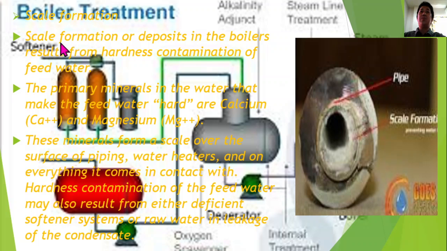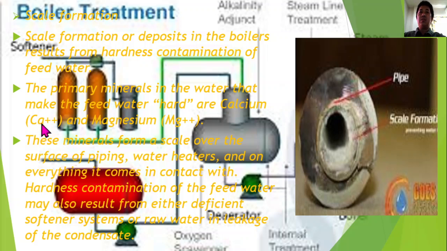Scale formation or deposits in the boilers result from hardness contamination of water. So the water is hard, which means there are a lot of impurities. That's why this is called hardness. The primary minerals in the water that make the feed water hard are calcium and magnesium.